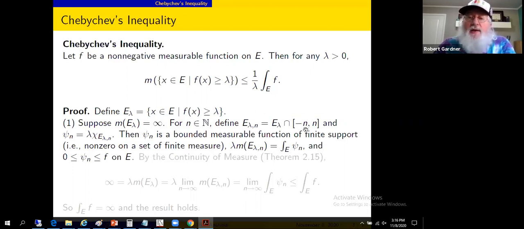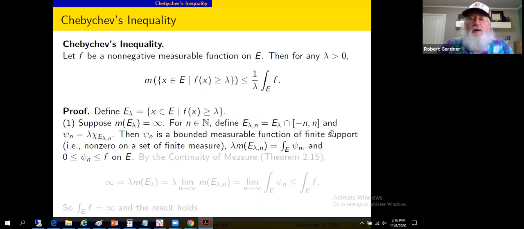So what you've done is you've taken this E sub lambda set and you've chopped it off. You've intersected it with the interval negative n to n. So if it happened to be unbounded, you cut it off at the values negative n to n.